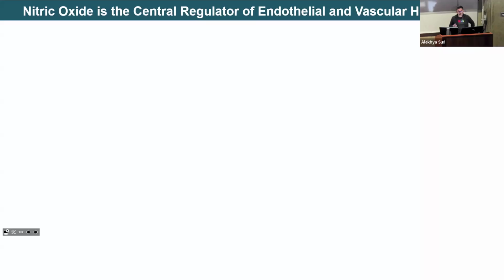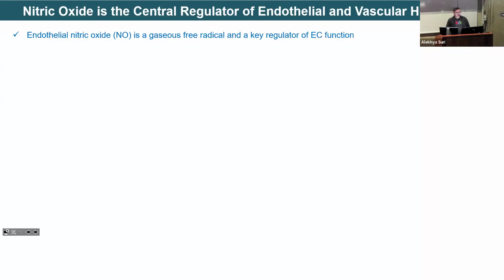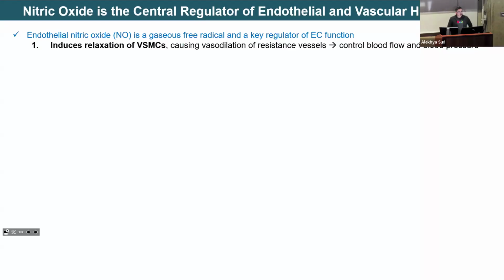Nitric oxide is the central molecule in vascular homeostasis. It's a gas, right? And as a gas, it's also a free radical gas, which means it's very labile. In other words, it's not very stable. Now, what are the functions of nitric oxide? It relaxes vascular smooth muscle, as we just saw demonstrated by Furchgott and many other people later.